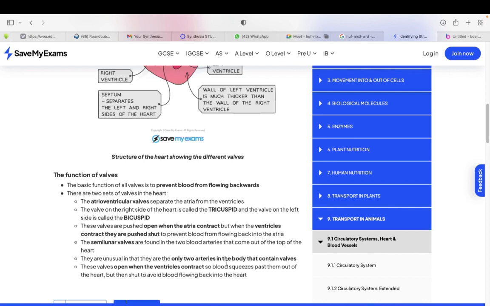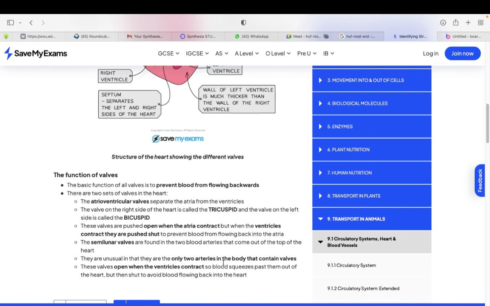So the second type of valves found in the heart are the ones that connect to the blood arteries. There are two blood arteries in the heart. One is the aorta: from the left ventricle joining the aorta, that's called a semilunar valve. There's also the deoxygenated blood from the right ventricle joining the pulmonary artery. That valve is also called a semilunar valve.